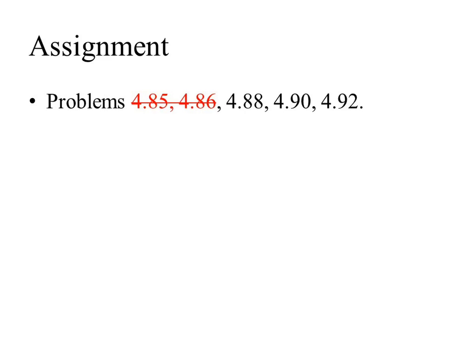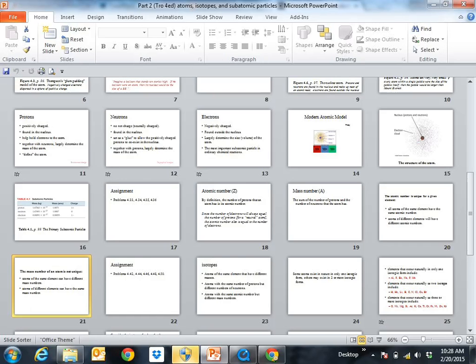Okay. All right. So there's good news here. This is your last set. The good news is you're not doing 85 and 86 because we haven't talked about charges yet. So just those three: 88, 90, and 92. And actually those do go back to being kind of a table. I'll show you what they look like.